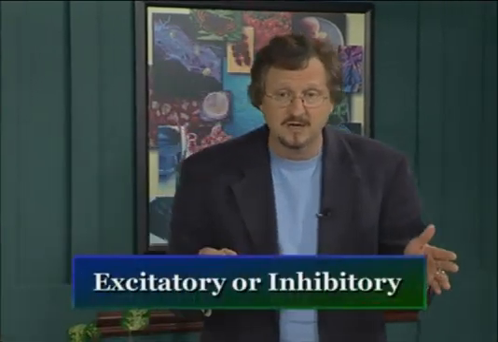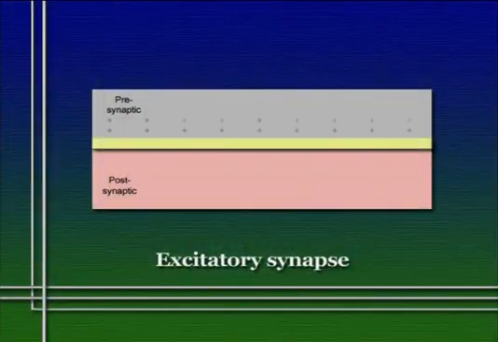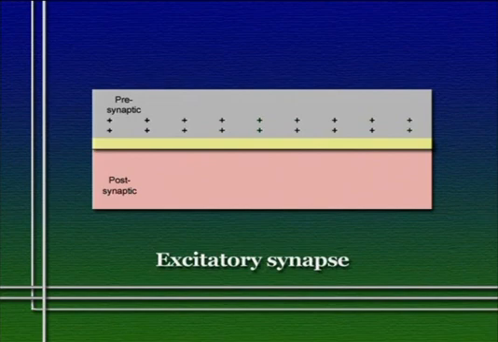Now, the third point I need to make is that different kinds of synapses can be either excitatory or inhibitory. Let me explain that a little bit more. If a synapse is excitatory, then it excites the postsynaptic cell, which in electrophysiological terms means that it makes it more positive. Remember that the cell membrane is usually negative inside relative to out.